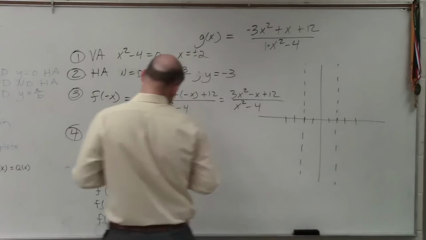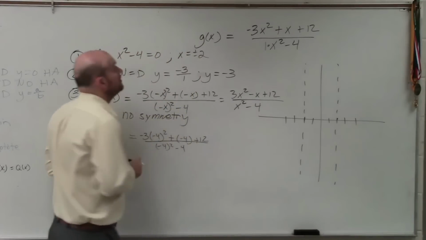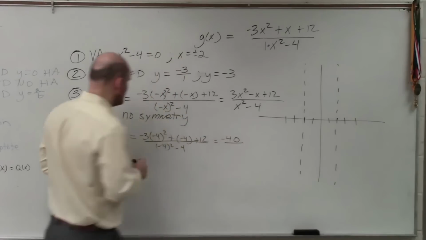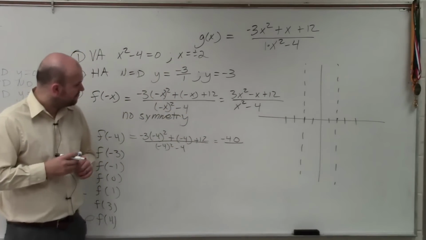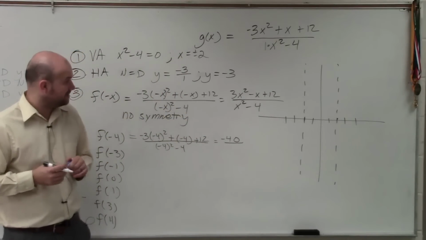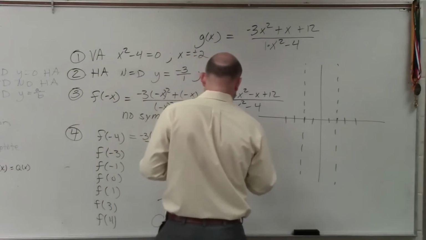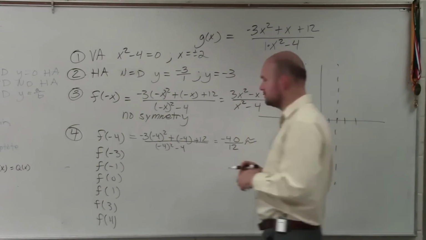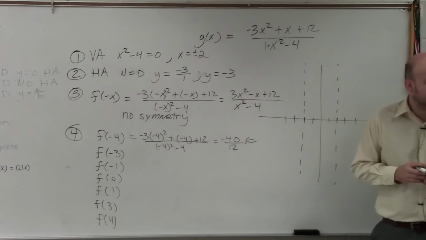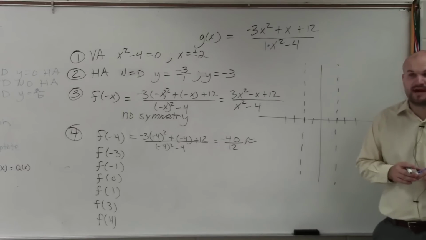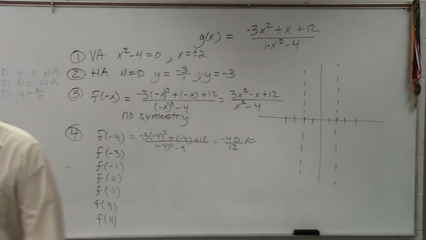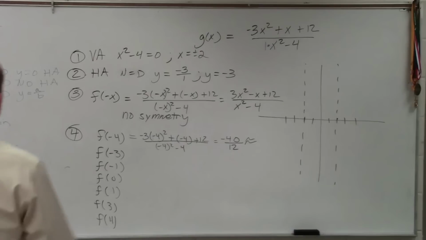Let's see, that's going to be -48, -52, -40, divided by 16 minus 4, which is 12. So that approximates to, just give me the decimal. Anybody have the decimal form of that? Assuming my math is correct. Anybody? OK. I will pick up the slack.